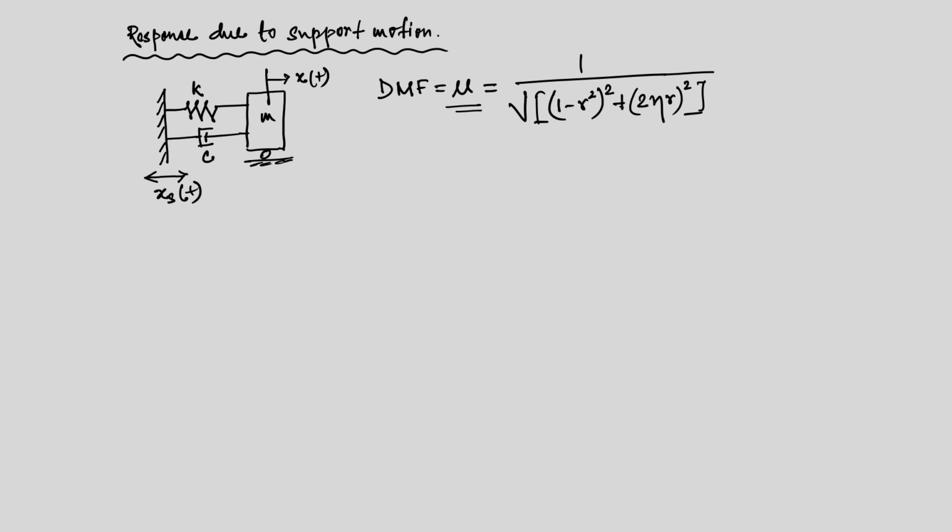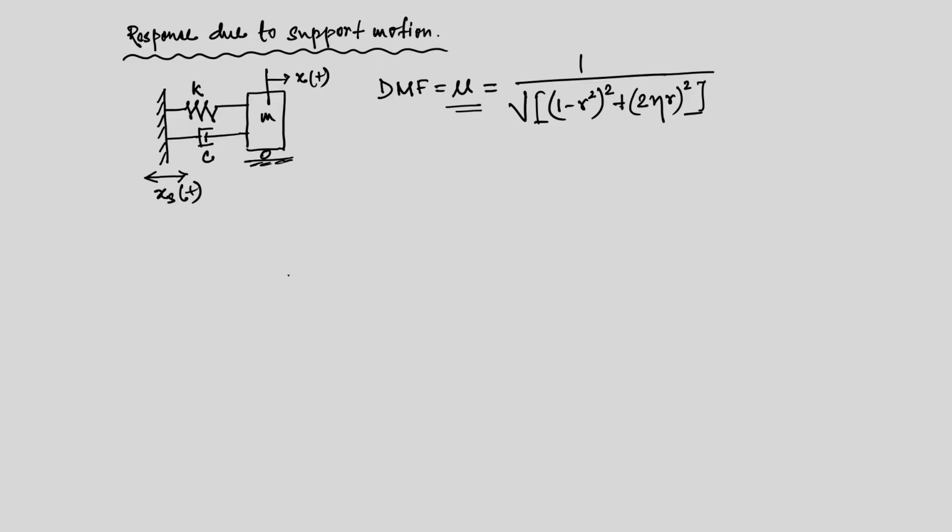For example, if you have a building and it experiences support motion like an earthquake. So, let us investigate x of t, and in this case x s of t, where the subscript s stands for support motion. This displacement is given by x naught sin lambda t.